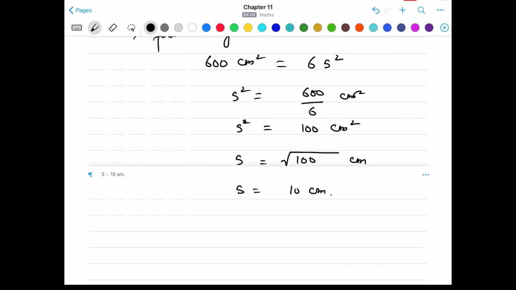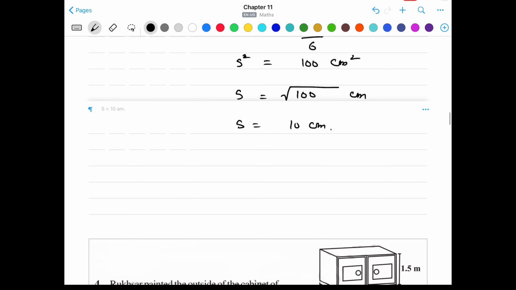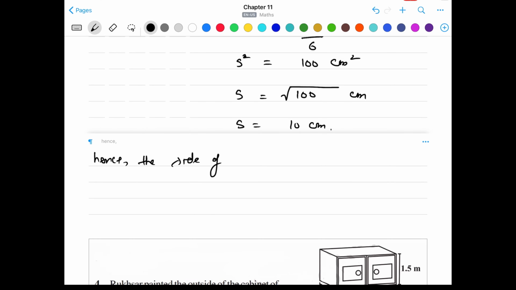Simply find the square root of 100, which is 10. That means the length of the side of the cube is 10 centimeter. Hence the side of the cube is 10 centimeter. So that's the answer of question number 3.